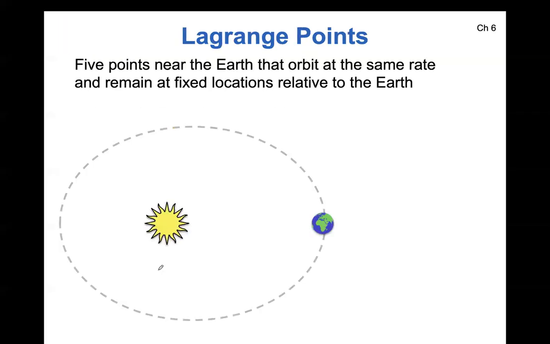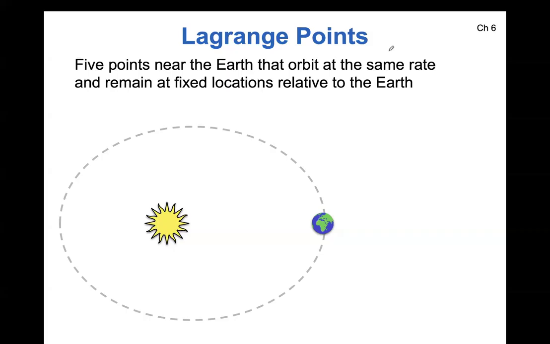Because of that elliptical orbit, and because of the different gravitational pulls, there are these special points called Lagrange points, which are not explained in Kepler gravity, Kepler orbits. This is an idea that is an extension of Kepler's laws.